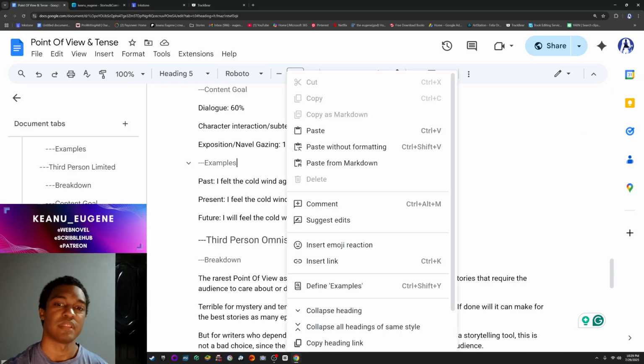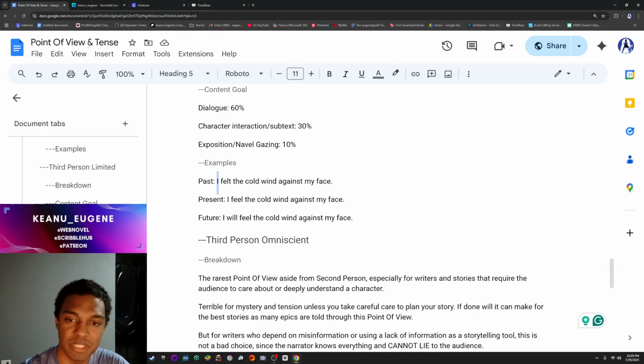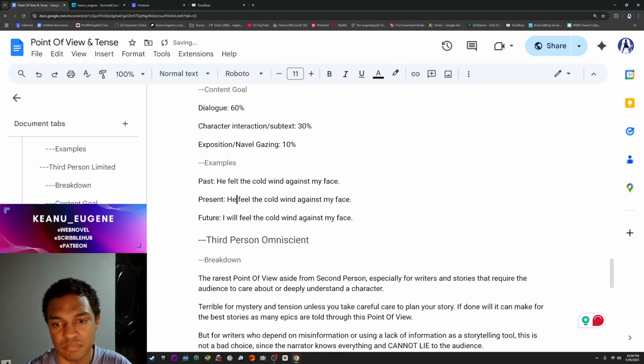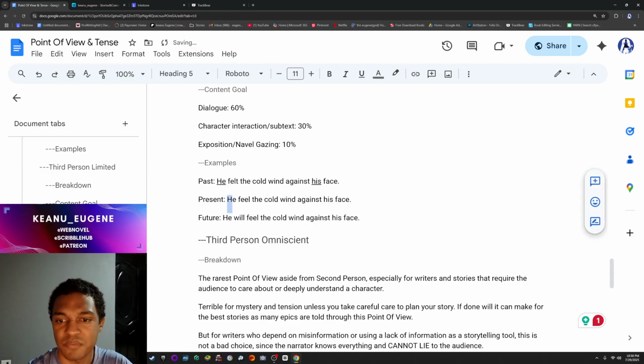And then we have examples of third person limited, past tense. "I feel the cold wind against my face." You could also put he. So you would probably put he, his. I'm changing things as I go, so you can see my process. Past tense would be "he felt the cold wind against his face," because at the beginning of every chapter you would say who the character for the chapter is.